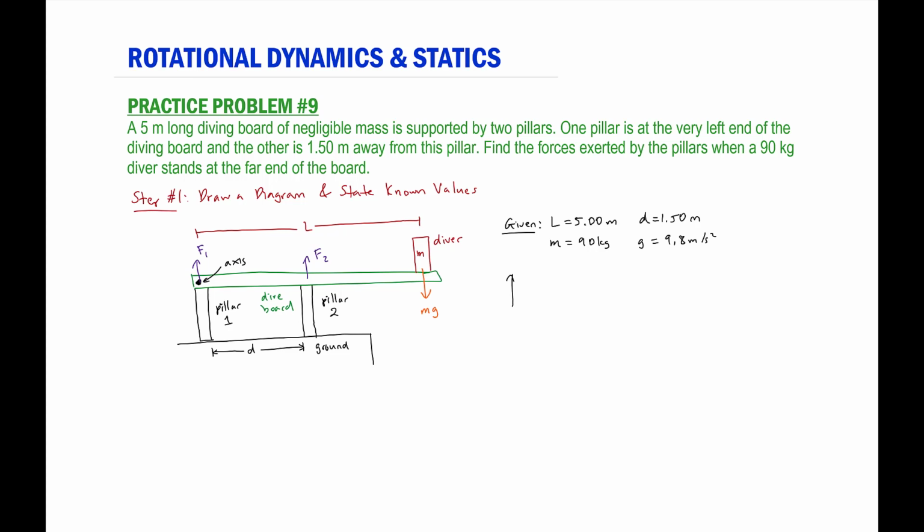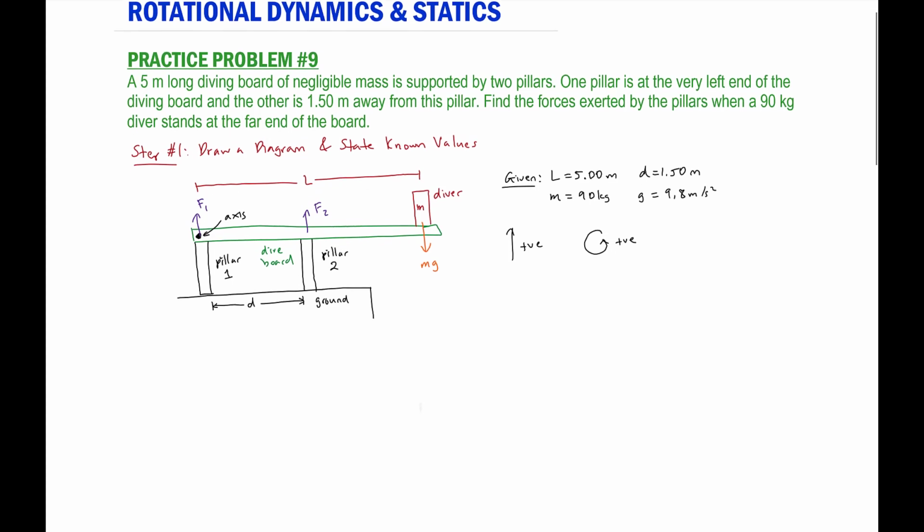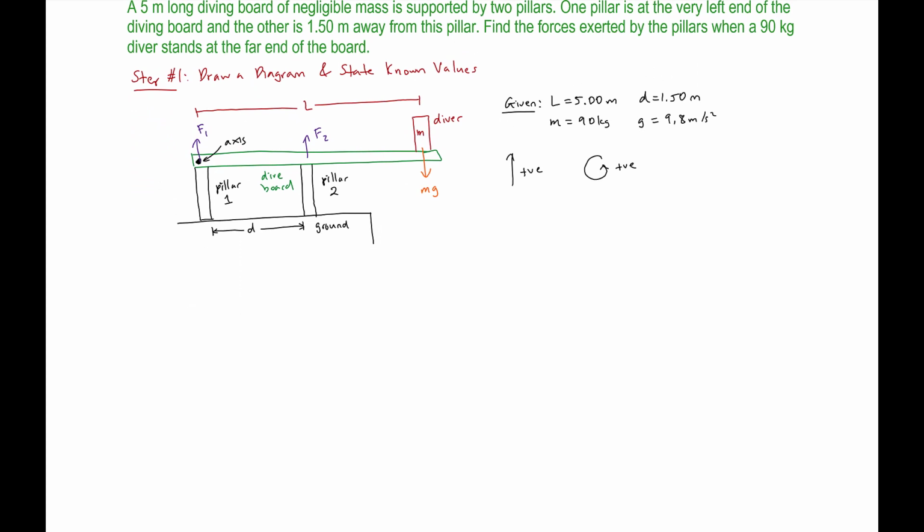Let's say up is positive and the counterclockwise rotation is positive. So we have our diagram. The next thing we should do is really just analyze the forces linearly and rotationally. So let's start with linear because that's easier.